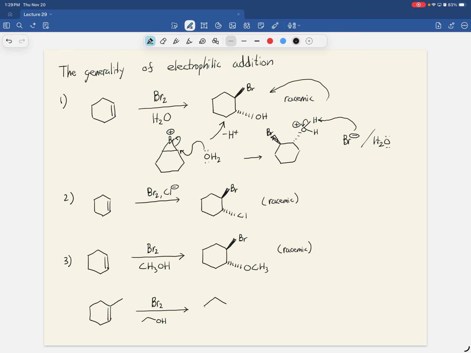So we get bromine, plus right here. Do you remember the epoxide? The epoxide was positively charged. So which side had the more partially positive character, if we think back to epoxides under acidic conditions? So here's a positive charge, right?